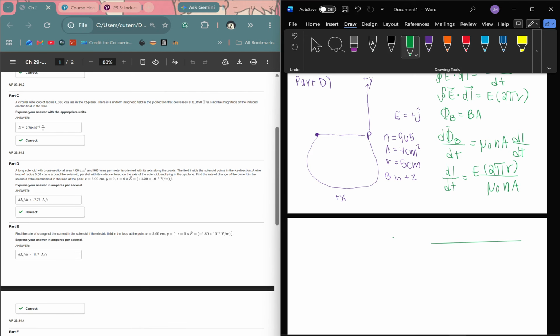So E is equal to, hold on, the electric field is, okay, it's right here, positive 1.20 times 10 to the negative 5.